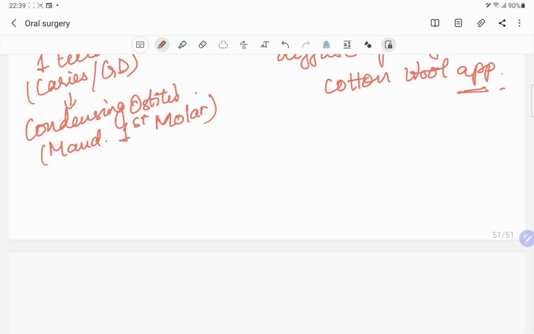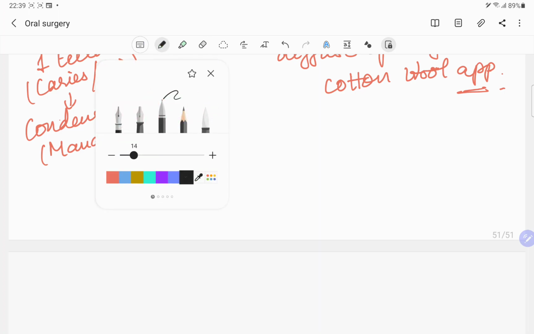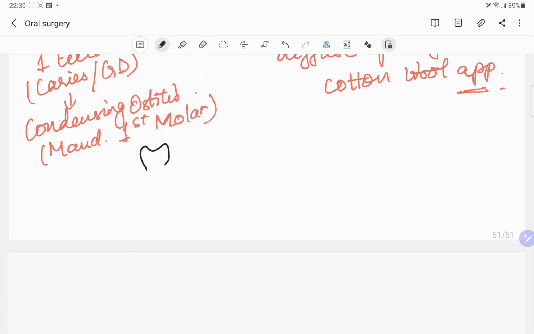So when the infection is confined to a grossly decayed or carious tooth, we call it the focal. In this case you will find that the tooth is carious. Say this is a tooth, mandibular first molar. This tooth is carious, okay. The caries start invading via the pulp, then goes into the bone, right?